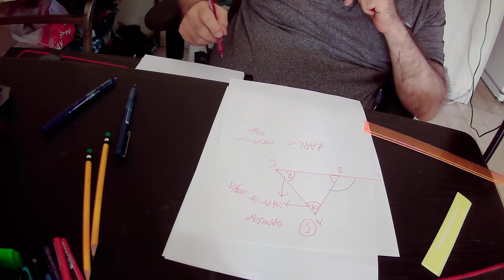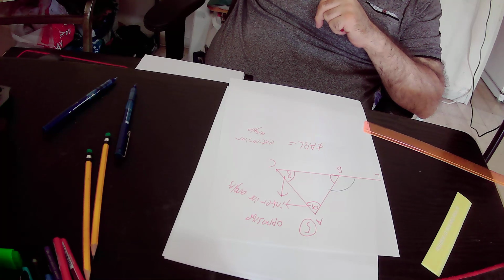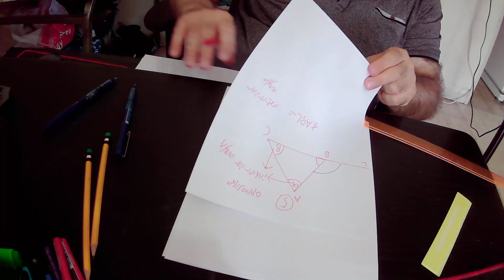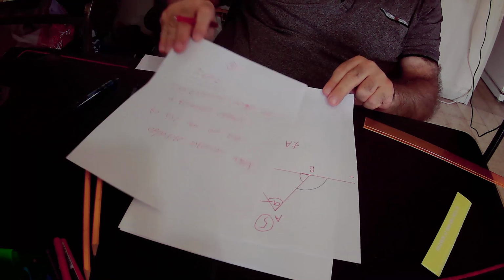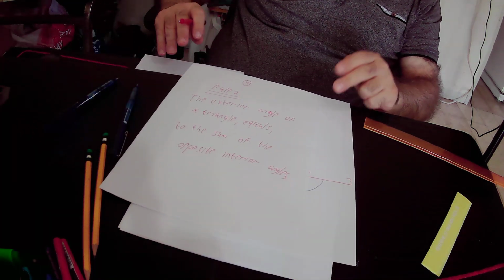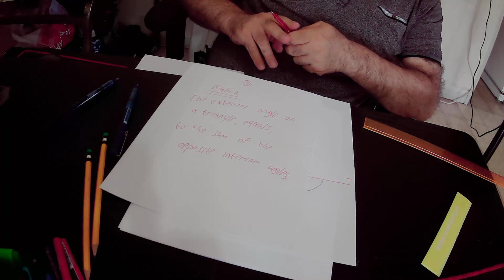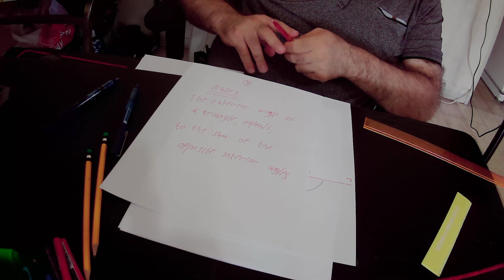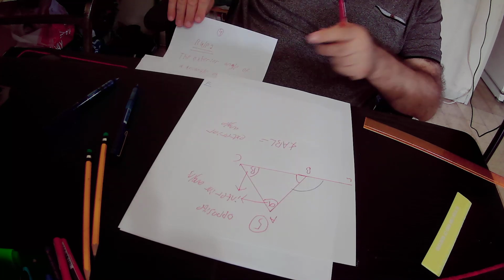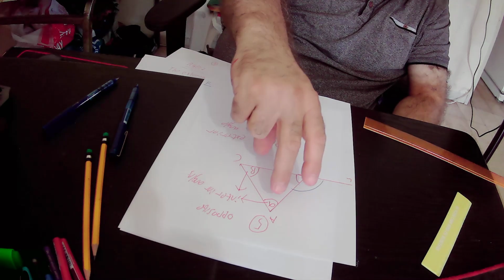and according to rule number 2, the exterior angle of a triangle equals to the sum of the opposite interior angles. So this exterior angle equals to the sum of the opposite angles.